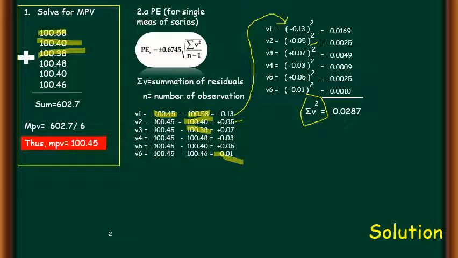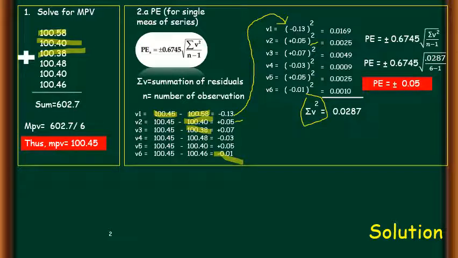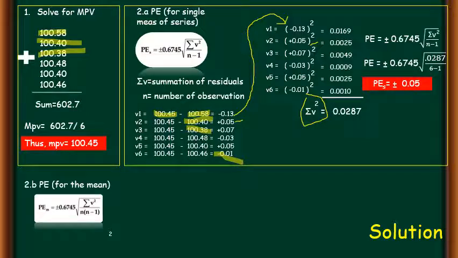So, to finally compute the probable error, we are going to use the formula. So, 0.6745, the square root of 0.0287 divided by n, which is 6 minus 1. So, magiging 0.05 ang ating probable error of a single measurement of a series. Okay, for letter B, we're going to determine the probable error of the mean. Same formula, dadaganan lang natin siya ng n dito sa baba. So, 0.6745 square root of 0.0287 divided by 6 times 6 minus 1.